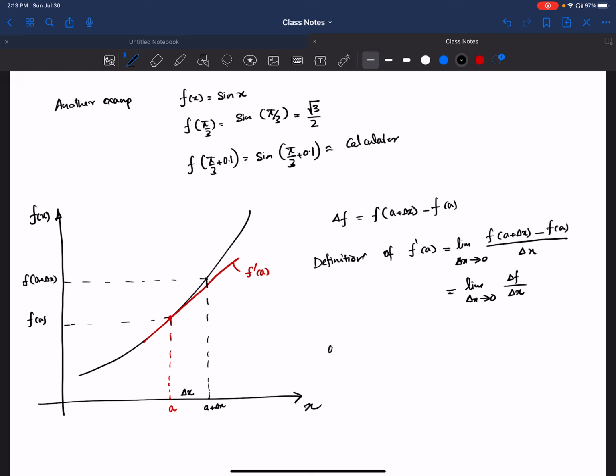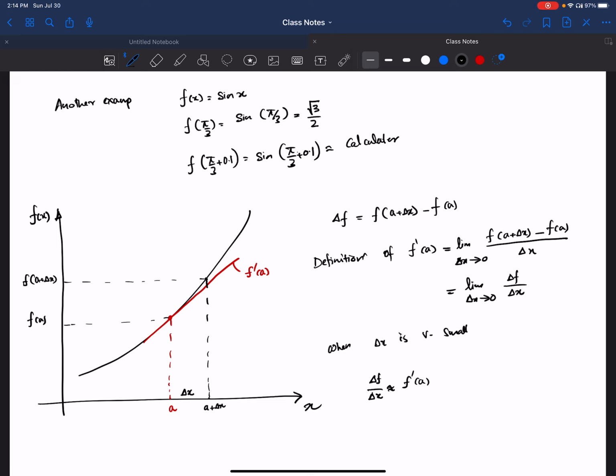Now, when delta x is very small, we can approximate that delta f over delta x is equal to f prime of a.